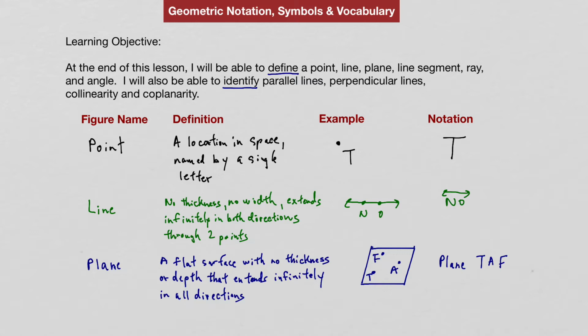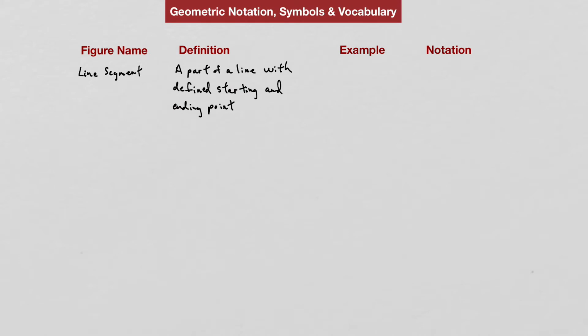Okay, so the fourth item here is a line segment. A line segment is a part of a line with defined starting and ending points. Different from a line, where a line extends in opposite directions infinitely, a line segment actually has a finite length. So an example would be this.